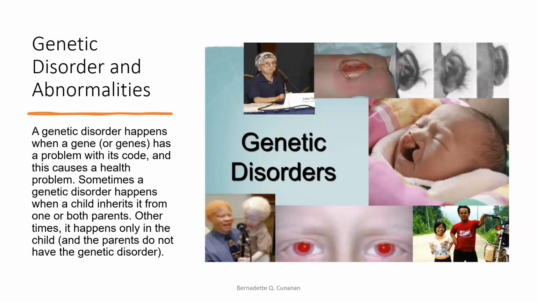Now, the question is, how do genetic disorders happen? Different things can cause a genetic disorder. For example, a change, which we call a mutation, in one gene on a chromosome. Another is a missing part of a chromosome. We call that deletion.